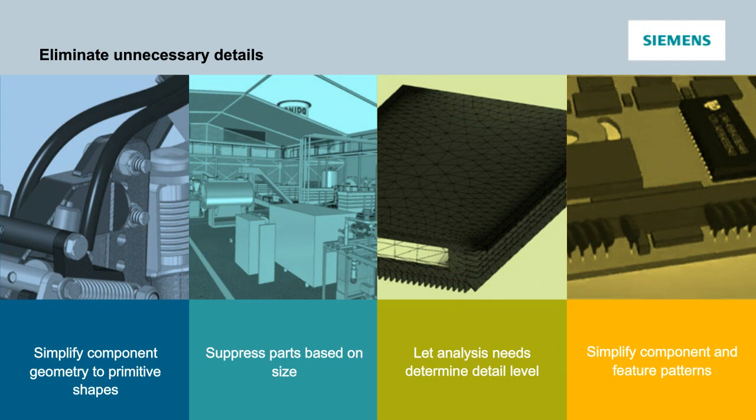Simplification does several things. First, for the computer, it makes the geometry easier to compute and to display. Also, for the human, it makes things easier to understand visually if you don't have a lot of unnecessary visual detail and clutter on the screen that you have to sort through.